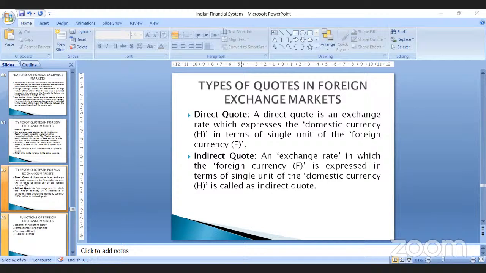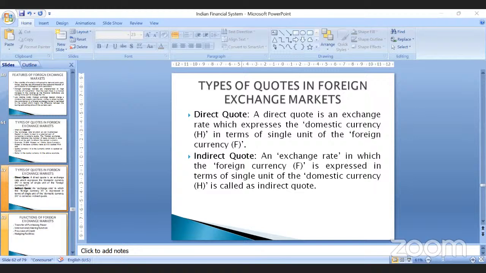For example, 1 rupee is equal to how much foreign currency? When you are putting domestic currency units against a single foreign unit, we call it a direct quote. When you are using a single unit of domestic currency with units of foreign currency, we call it an indirect quote. In a direct quote, the base currency is domestic currency, whereas in an indirect quote, the base currency is foreign currency.